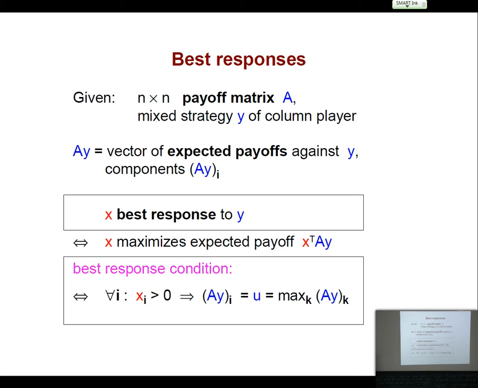So against mixed strategy y, Ay gives the payoffs that player 1 expects for the rows. So (Ay)_1, the first component, is what player 1 expects for his first row. And now x is the best response to y, as we know, if x maximizes the expected payoff, which is equivalent to, for all i, if x_i is positive, then (Ay)_i must be equal to the max over all of those components of Ay.